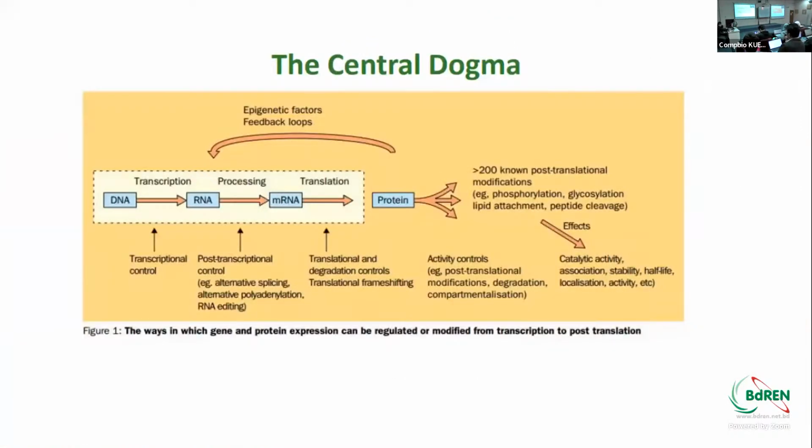So, shall we revisit the central dogma? We may not need to, but this is a favorite slide of mine because it shows how we actually get the data. It's from DNA to RNA to protein, but you can see that there are lots of arrows here. These are the points where the controls take place.